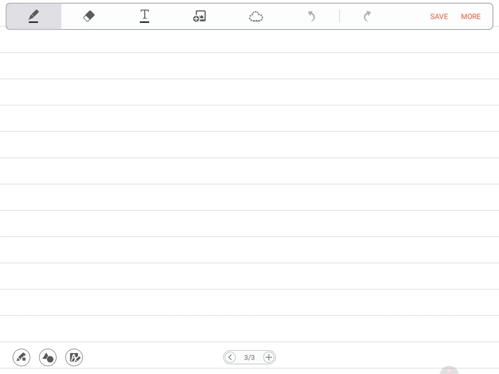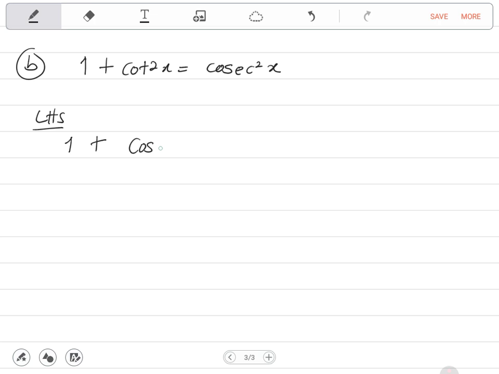Next. Is 1 plus cot squared x equal to cosec squared x? Again, we can take the left hand side. 1 plus cot squared x. By the way, this is not cot 2x, but cot squared x. Cot x is just cos x over sin x. Now, because it is squared, it will be cos squared x over sin squared x.